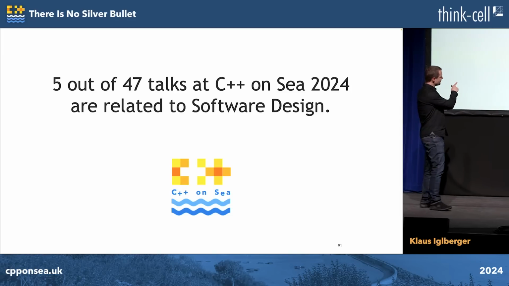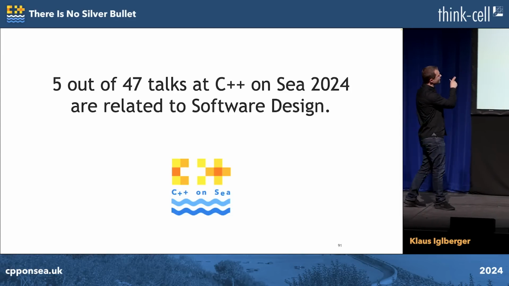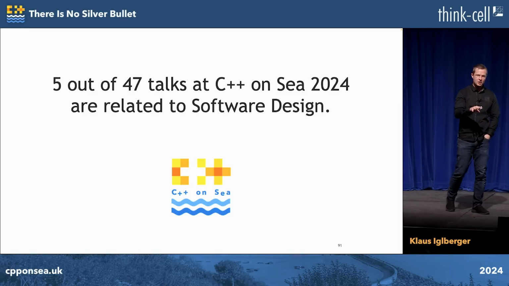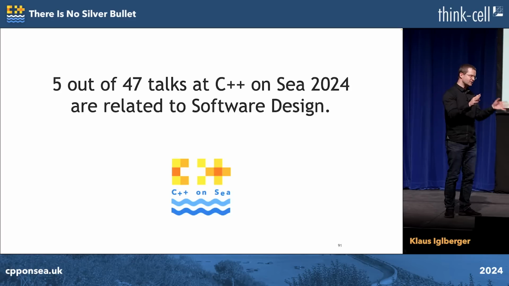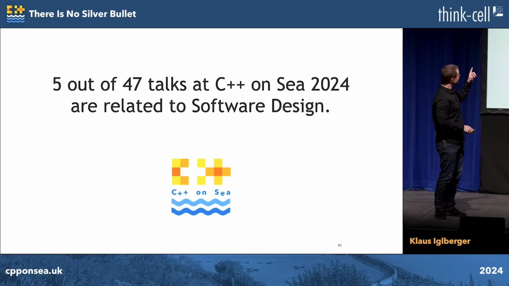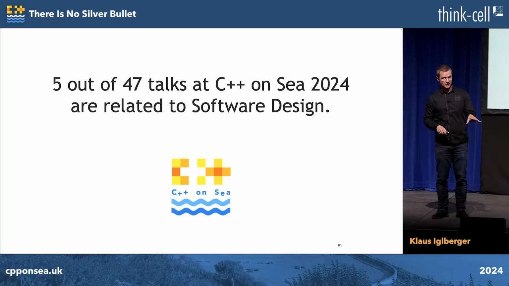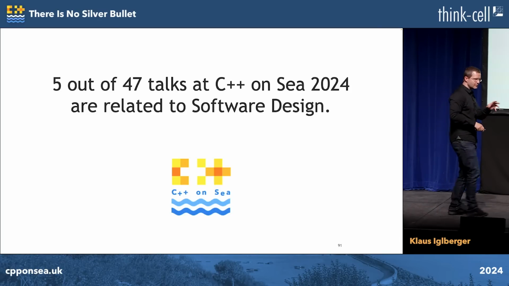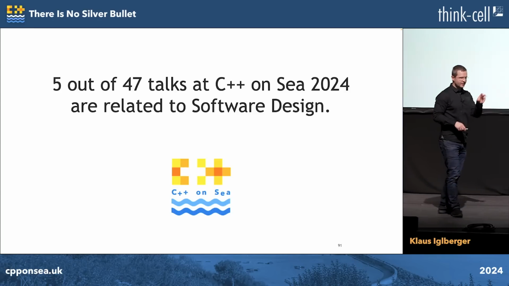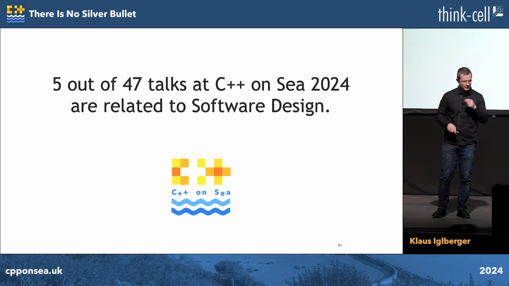And now, just as an example, here at this conference, I counted the talks, I made a survey, and I tried to be fair, but I think only 5 out of 47 talks actually were about software design. Most talks, the vast majority, always 90%, are about other things. And I don't have the numbers, but I'd say approximately 50% are about the little implementation details, the nifty things, the tricks that we do on the low level.